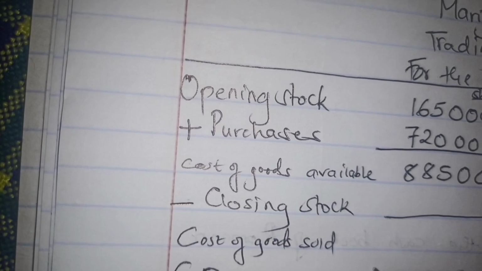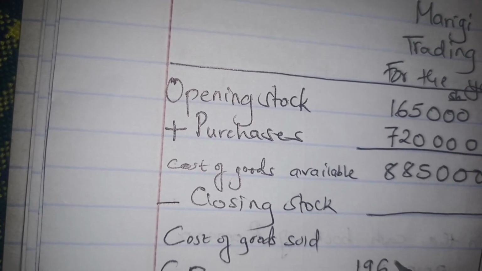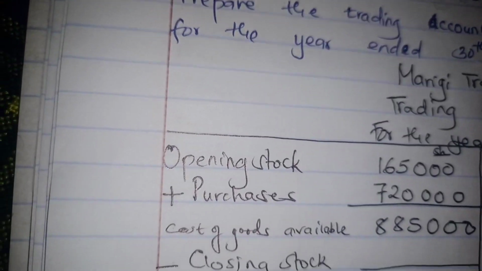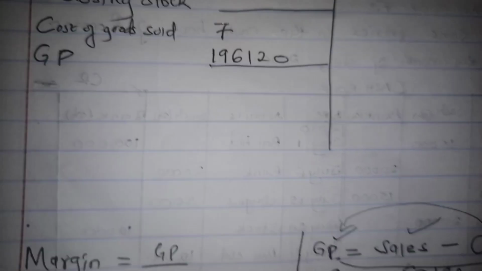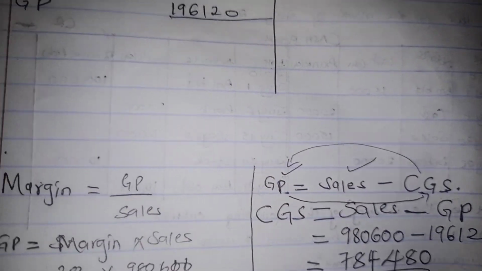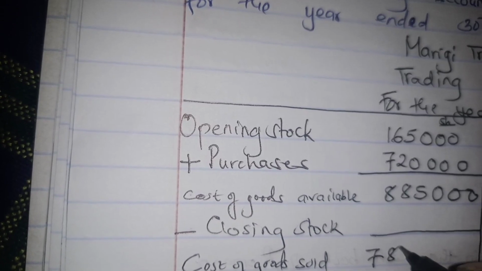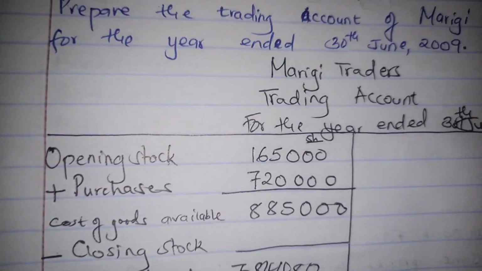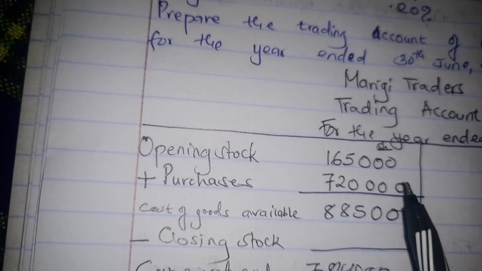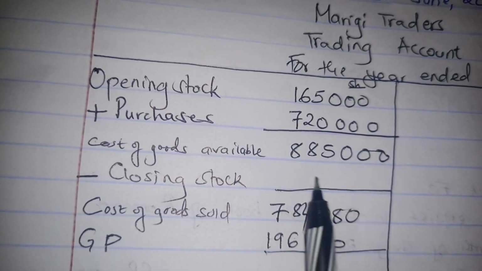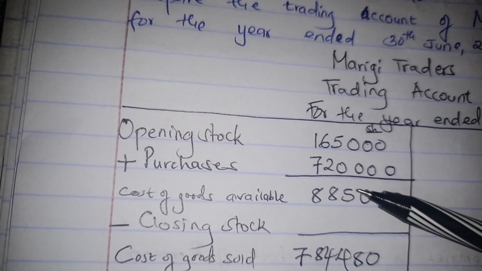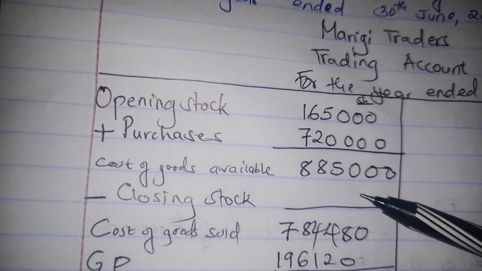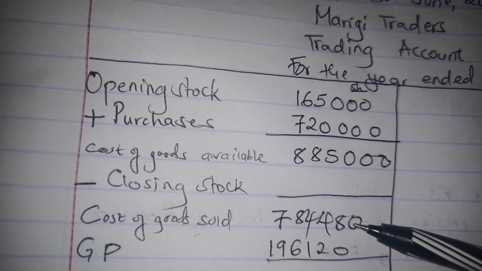So we can move on and feed. Gross profit, we were able to get 196,120. Then cost of goods sold, we've calculated as 784,480. So we are left with one unknown, which is the closing stock, learners. Normally we say cost of goods available minus closing stock gives us cost of goods sold.